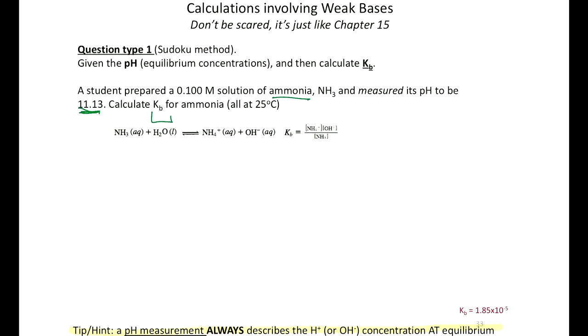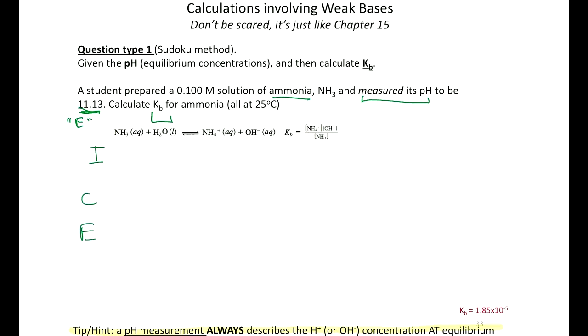I measured the pH of this solution, and that pH measurement is a hint to our equilibrium line in our ice table. Not directly, but it gives us a hint. So let's write out the ice table for this reaction.